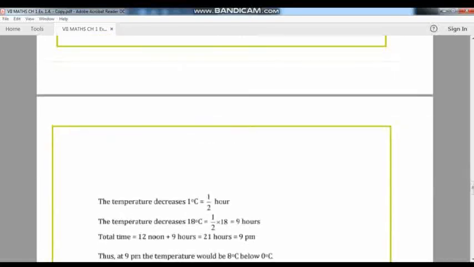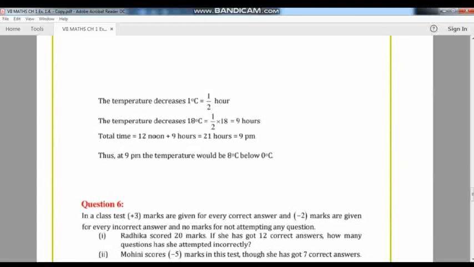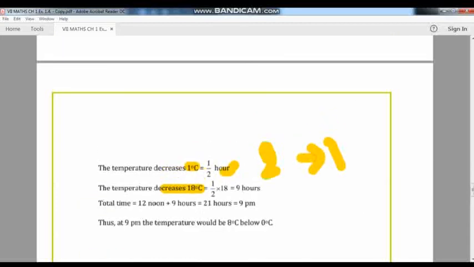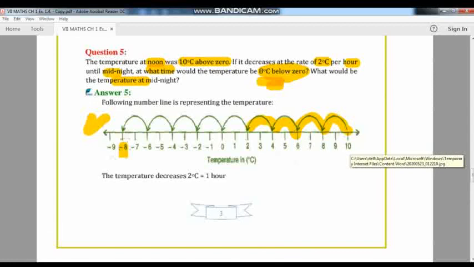Now let's have a solution. That temperature decreases 1 degree in every half hour, or you can take 2 degrees in every 1 hour. Clear? So if it is getting decreased to 18 degrees, total how many degrees are there? Minus 10 minus 8.